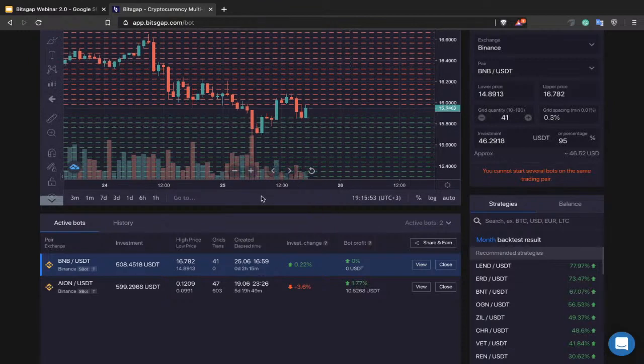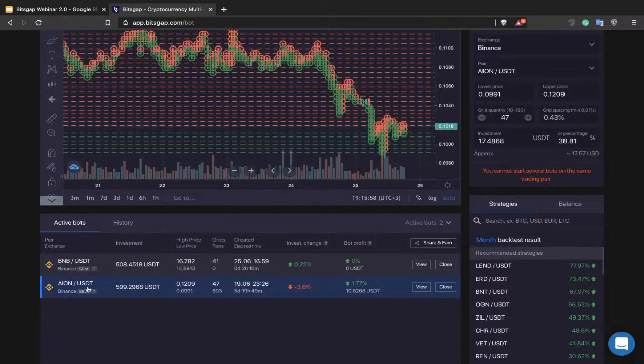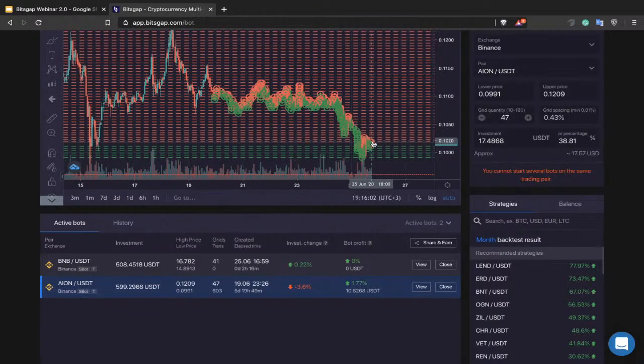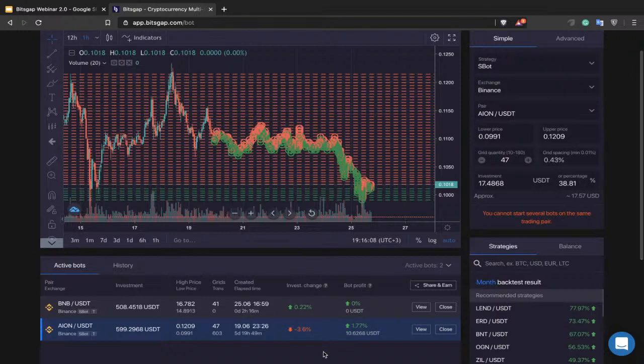And 5 days ago I launched ION trading to USDT, and from that point, the price is now below the point of my inception. So spot the difference. Here you see the investment change minus 3.6%. That's the negative investment change to my investment.